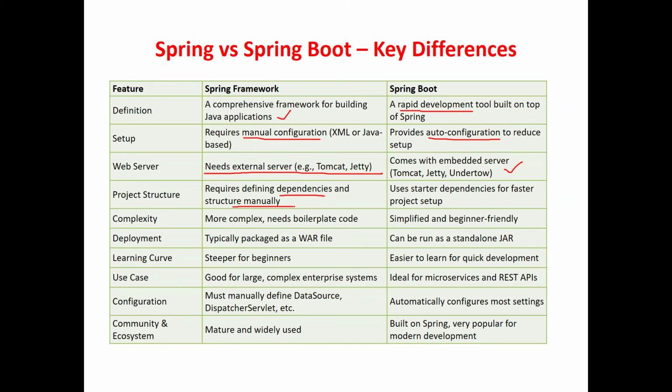But in Spring Boot, we have predefined starters. Using them makes our application easier. That is another benefit. Whatever you are seeing, we will discuss everything in detail in the next sessions, guys. Now complexity: Spring is more complex and needs boilerplate code.